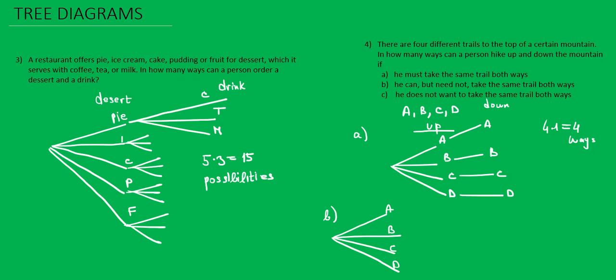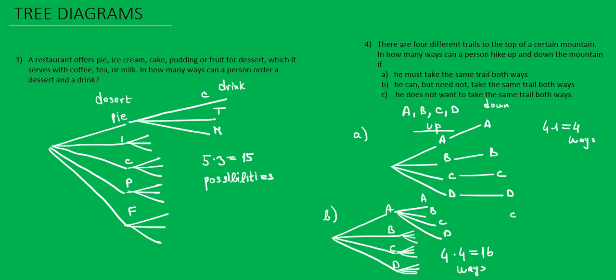And if he wants to go down, again, he can use the trail A, but he can also use the trail B, C, or D. And it goes the same for all the other trails. Again, we're not going to count each branch separately. We're going to say 4 possibilities for the first step and 4 possibilities for the second step. So altogether 4 times 4 equals 16 ways.